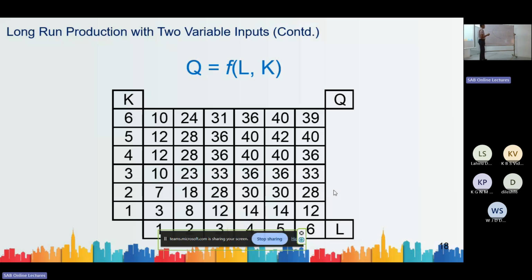So the curve shows even the combinations with fractional amounts of inputs. 9.1 units of capital and 1.1 units of labor also may produce 1000 units of output.